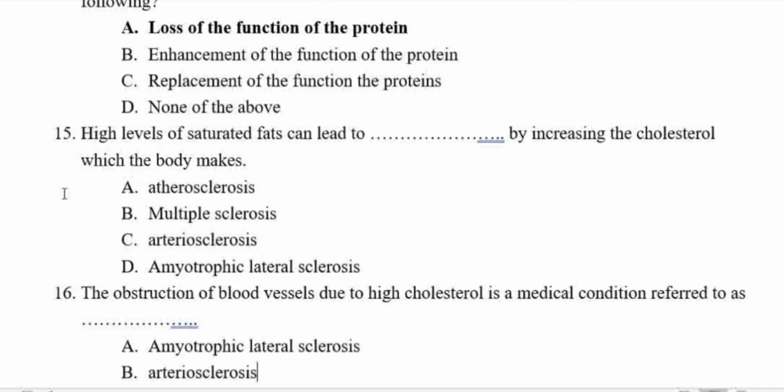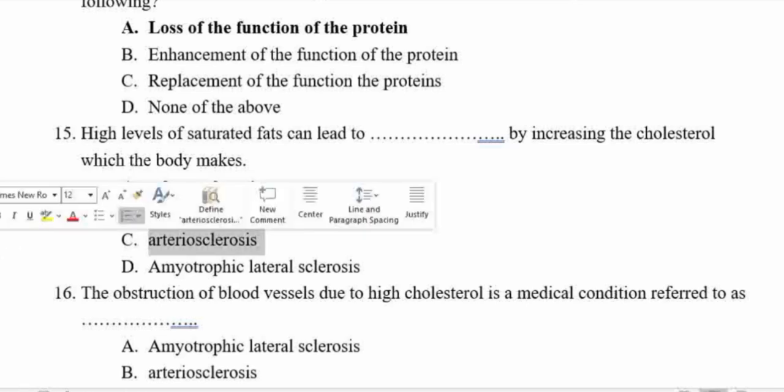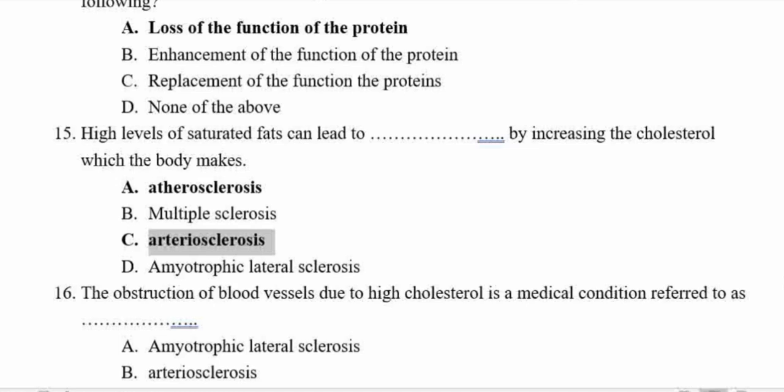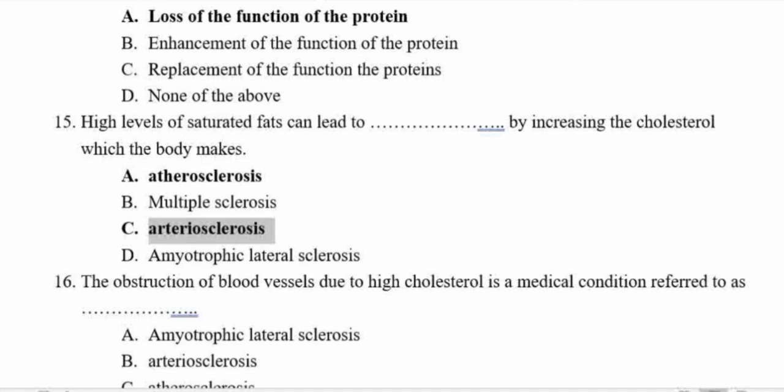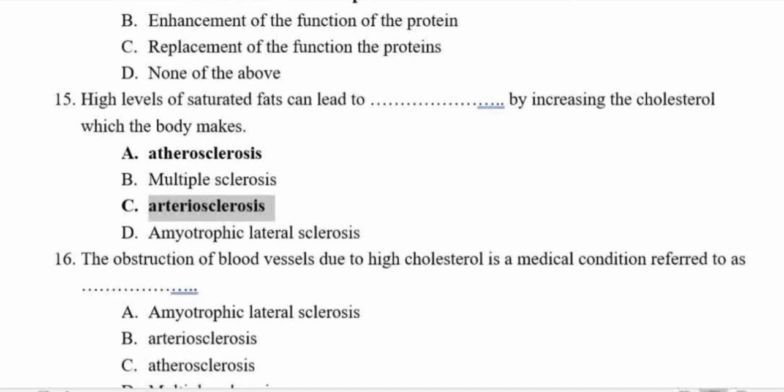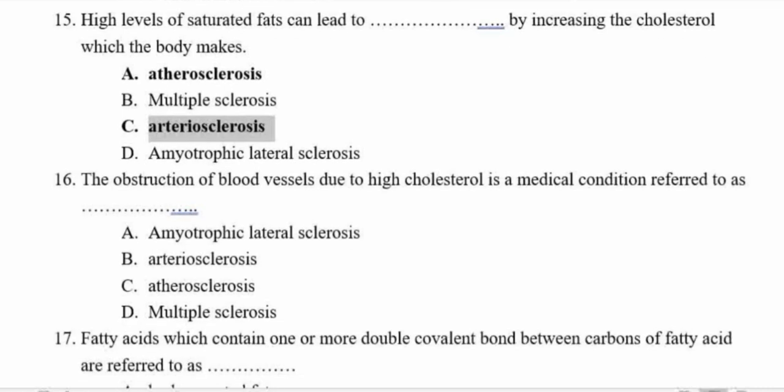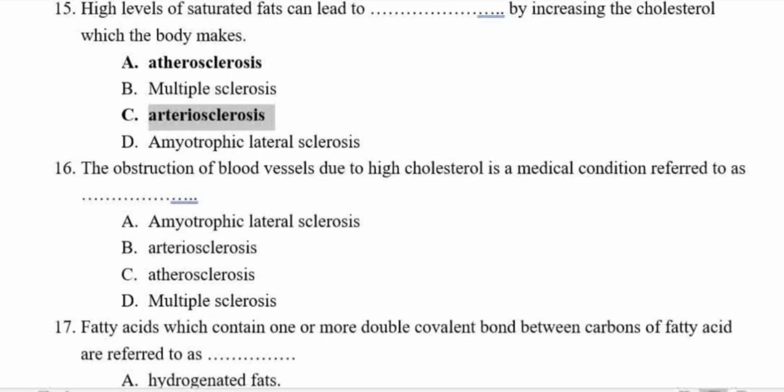But for us today, we'll say that when there's a high level of saturated fat, it can lead to atherosclerosis or arteriosclerosis, and they are basically about blocking of blood vessels, blockage of blood vessels. But you can also look out for the other sclerosis that are indicated in options B and D.